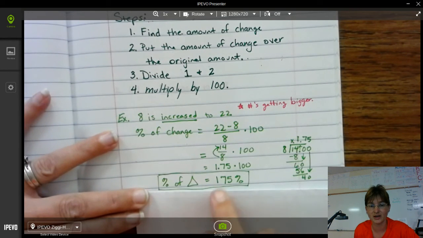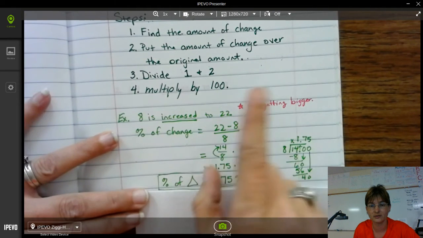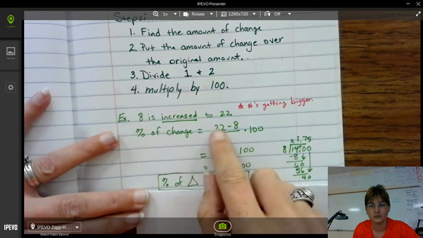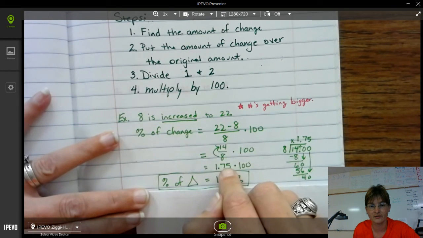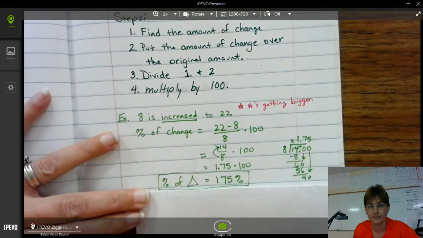So the percent of change is 175 percent increase, getting bigger. You do your change over the original. Once you have that, you multiply by 100 to get the percentage.